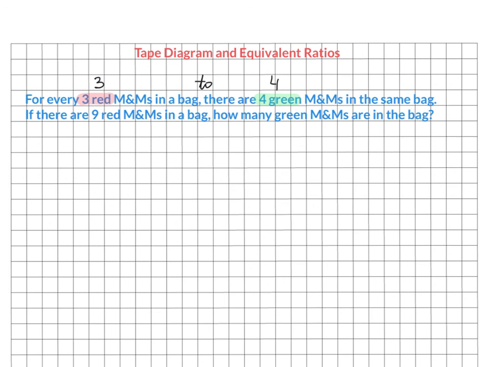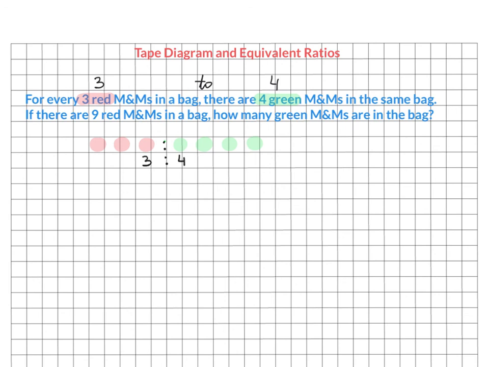If I want, I can represent this ratio visually by drawing 3 circles, 1, 2, 3, and say these are 3 red M&Ms, and then I can draw 1, 2, 3, 4, and these are 4 green M&Ms. And I can put a colon in between because I'm actually comparing red to green, 3 to 4.